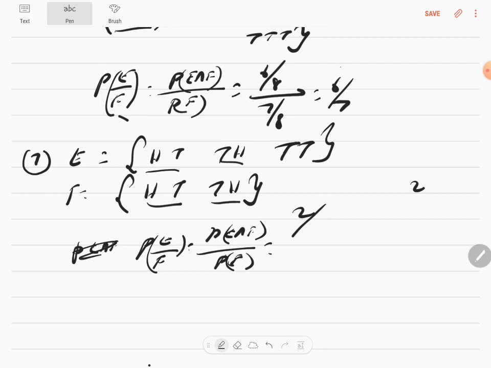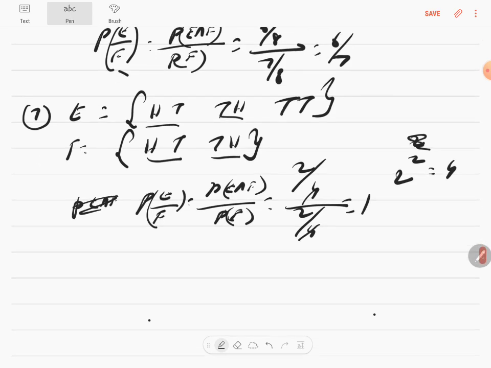When you toss 2 coins, for 1 coin the total outcome is 2. For 2 coins it means 2 to the power 2, so it will be 4 outcomes. So 2 by 4 divided by P of F, which is 2 by 4. So the answer is 1. Is the answer 1?